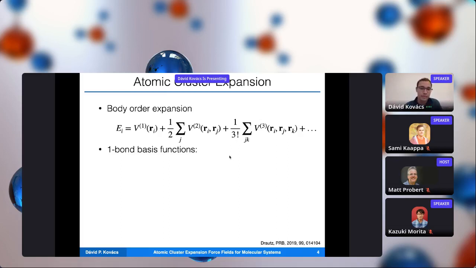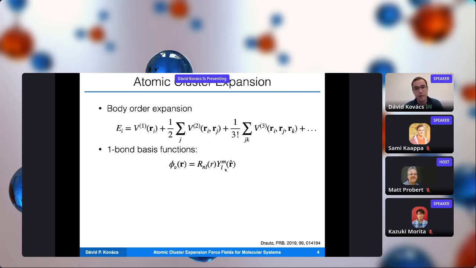And then for the construction, it's essential to define a basis set, which I will call the one-bond basis functions. This is a product of a radial function, which can be Chebyshev polynomials or any set of orthogonal polynomials you like, and then these Y_lm are the spherical harmonics that should be familiar from angular momentum in quantum mechanics.